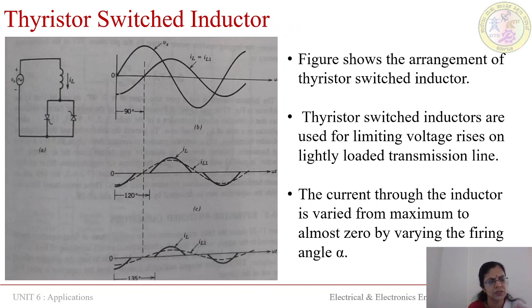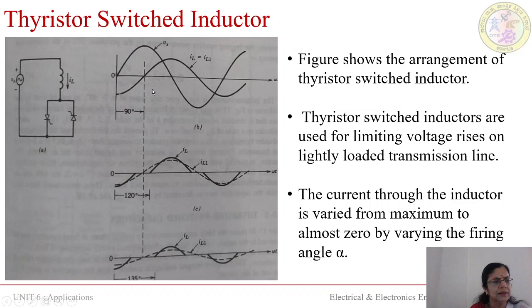The thyristor switched inductor is as shown in the figure. You can see here it has a supply, an inductor and two SCRs connected. Thyristor switched inductors are used for limiting the voltage rise on a lightly loaded transmission line.